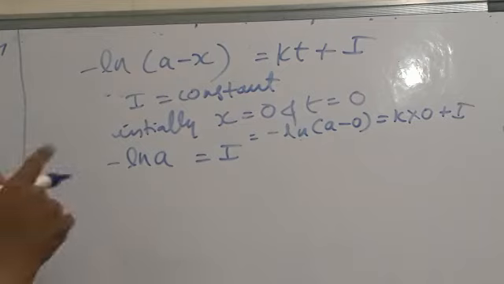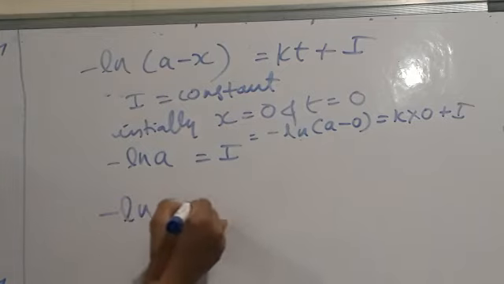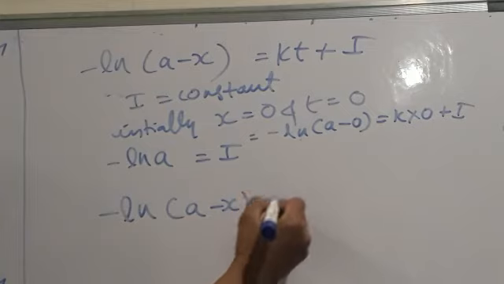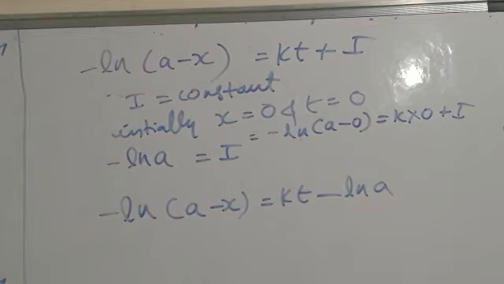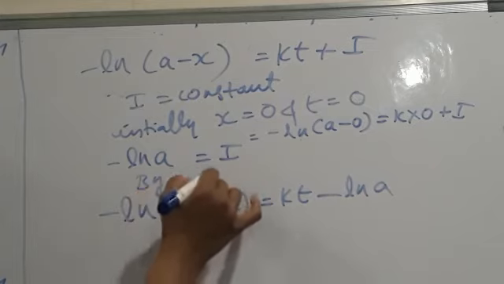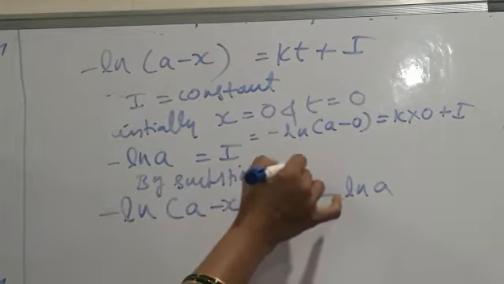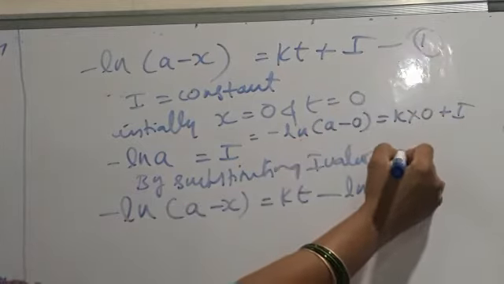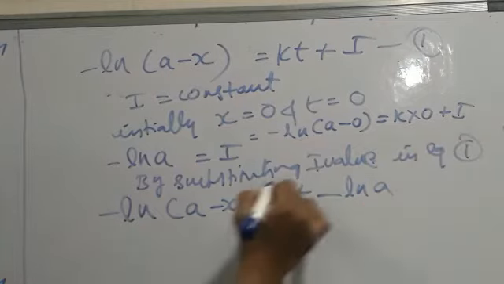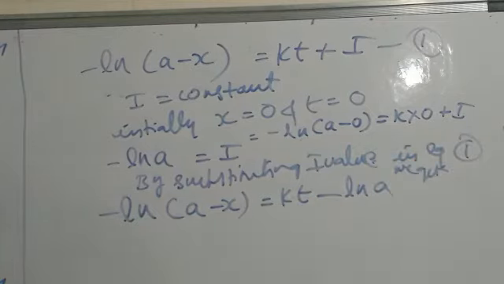Okay. So, we get minus ln a minus x is equal to kt minus ln a. Okay. So, by substituting I value, you can take this as equation 1. In equation 1, we get minus ln a minus x is equal to kt minus ln a. Okay.